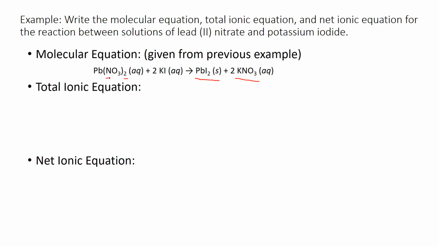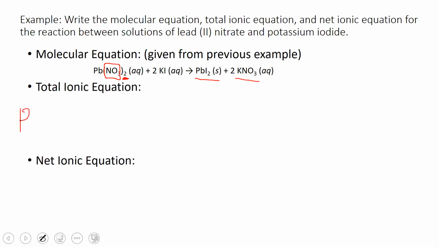Now, when you have a polyatomic ion, so this nitrate here, that nitrate stays intact. This subscript for the nitrate says that there are two nitrates. So you have two nitrate groups, one nitrate and a second nitrate. And those two nitrates are attached to lead until they go into solution and form an aqueous solution. So with the total ionic equation, those two nitrates break apart from the lead ions, and as we'll find with anything that's aqueous, it leaves you with lead.